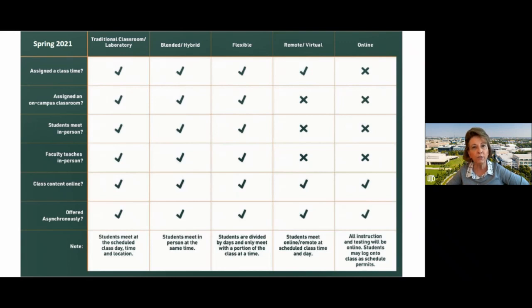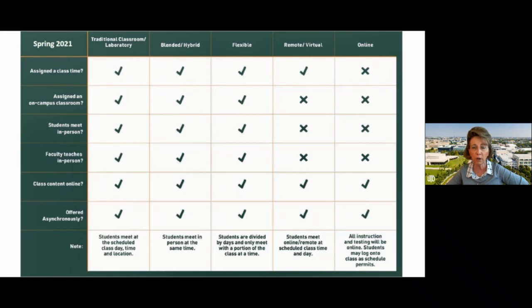So when you're looking at these 5 modalities, it's important for you to be mindful of those that are considered to be face-to-face options. Those are the first 3 columns on your chart: the traditional, the hybrid, and the high flex or flexible. So if you are a student that needs to take a face-to-face option, you're going to want to be sure that you are in one of those 3.